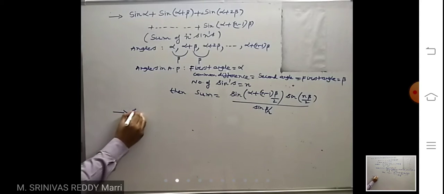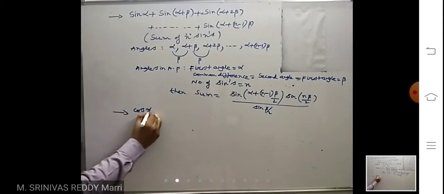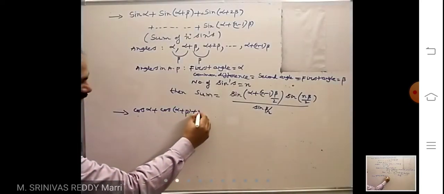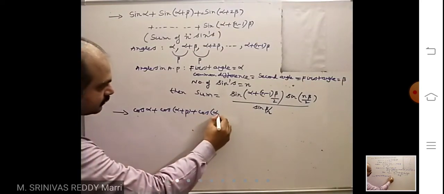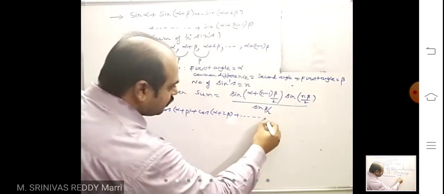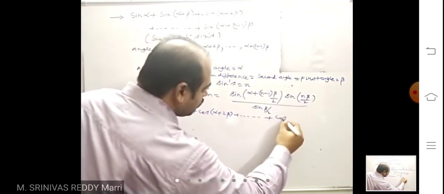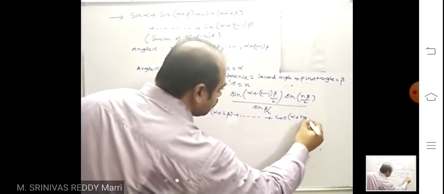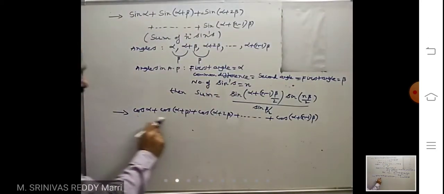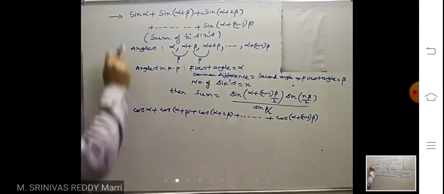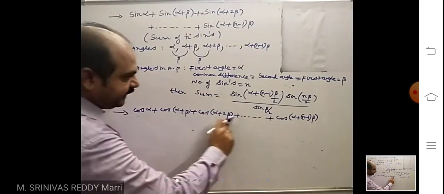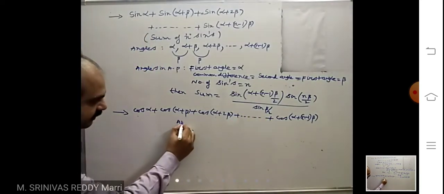Similarly, cos alpha, with the same angles, cos. Here n cosines are there. Instead of sine, cos is there. Now n angles are there: alpha plus beta, alpha plus 2 beta, alpha plus n minus 1 beta.